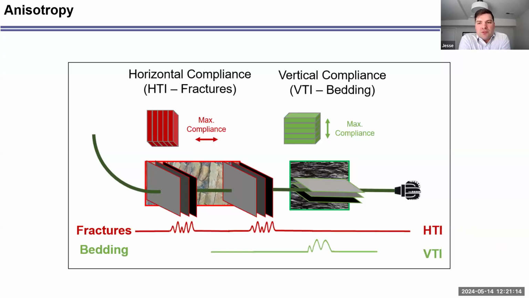So if you go into actual rock properties now, relate this to some geology, when you're looking at a VTI anisotropy, typically what you're looking at is the background intrinsic anisotropy of the rock. So microscopic layering is basically what we're looking at here.